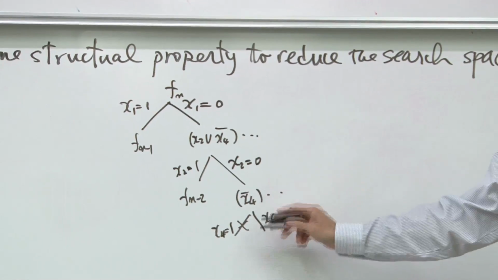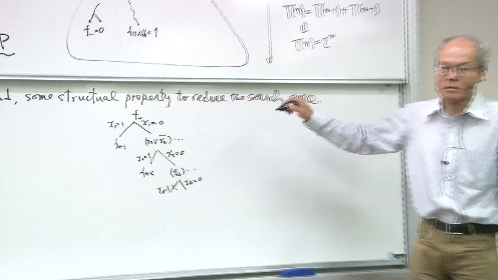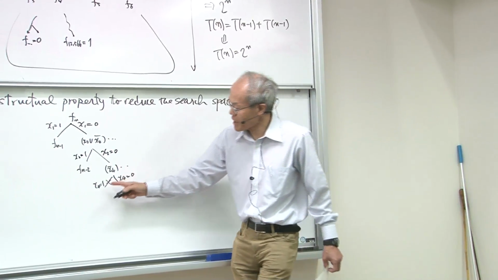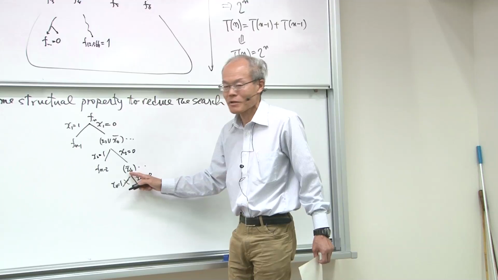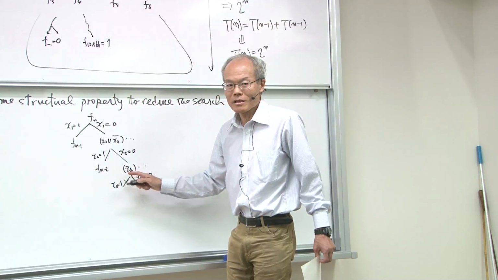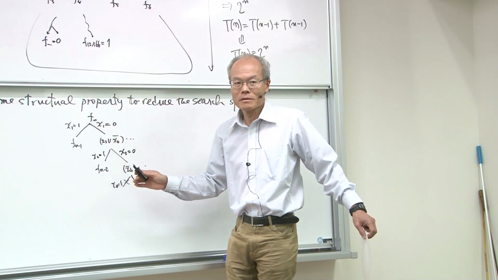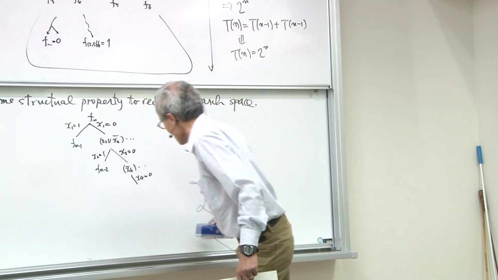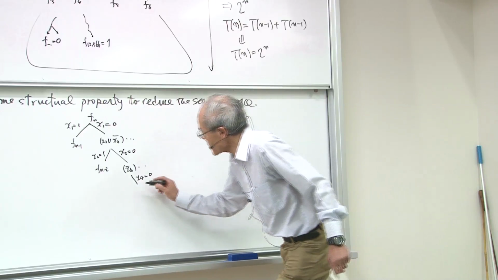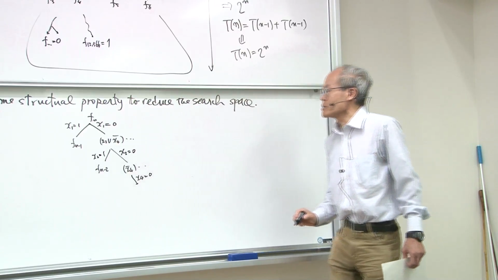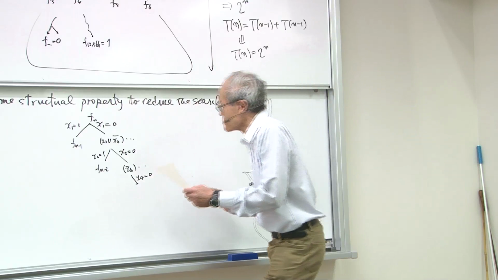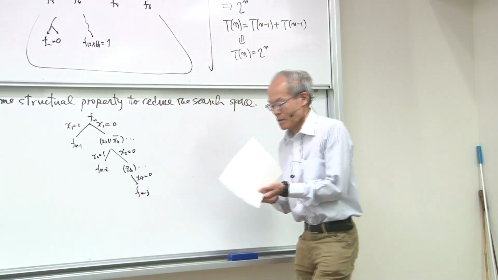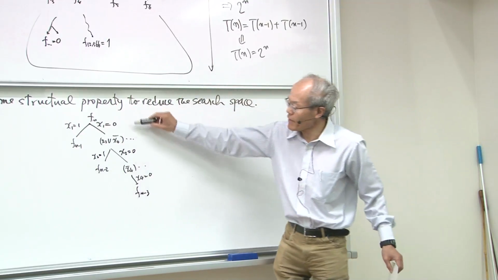You don't have to branch. Because if you assign x4 is equal to 1, then this guy becomes false. Then the whole thing becomes false. So you don't need this branching. And of course, you automatically set x4 is equal to 4, then this becomes fn minus 3. Because we already set 3 variables.